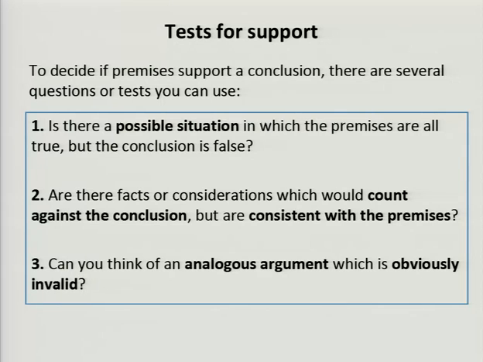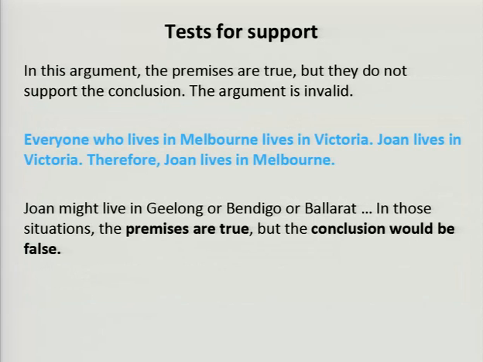So here are some examples of that. Here we have an example where premises are true, they don't support the conclusion, so it's an invalid argument. Everyone who lives in Melbourne lives in Victoria. Joan lives in Victoria, therefore Joan lives in Melbourne. Well, possibly she does.